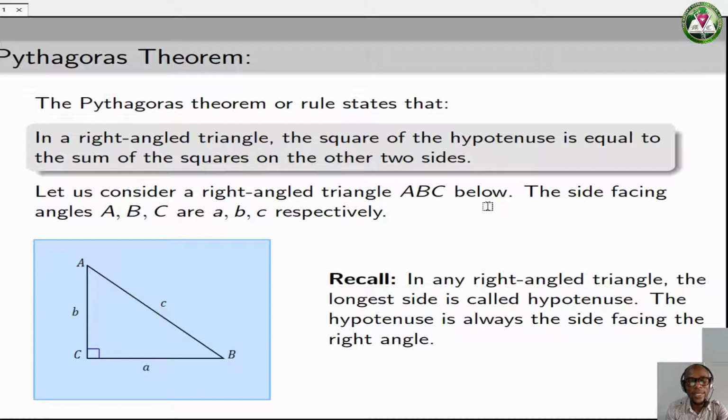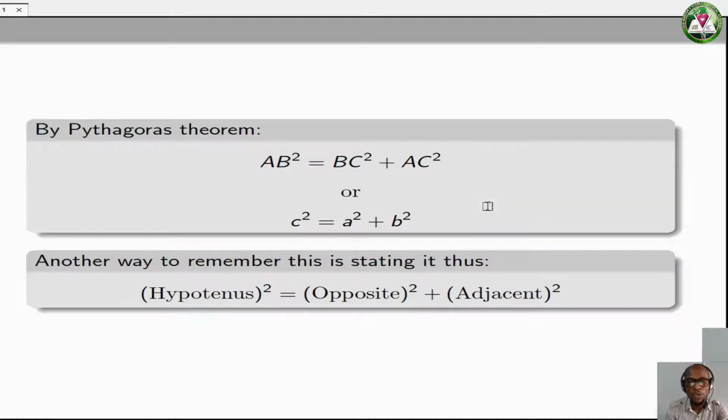So we square it, and it's equated to the sum of the squares of the opposite side and the adjacent side. Another way to remember this is stating it as hypotenuse squared, which you have there written literally, equals opposite squared plus adjacent squared.